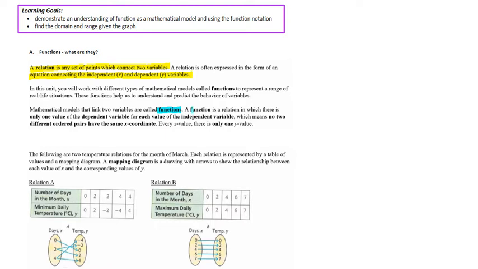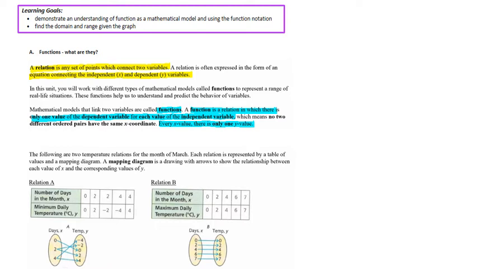And what makes a function special is that there is only one y value or dependent variable value for each x value or independent variable value. So no two points can have the same x coordinate, or in other words, every x value has only one y value. So there are a couple of ways this can be represented.